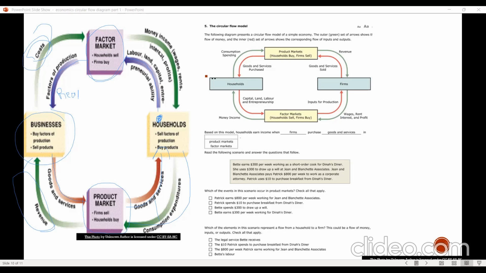From entrepreneurship, they get profits. From capital, they get interest. From land, they get rent, and from labor, they get wages. Right, as simple as that.